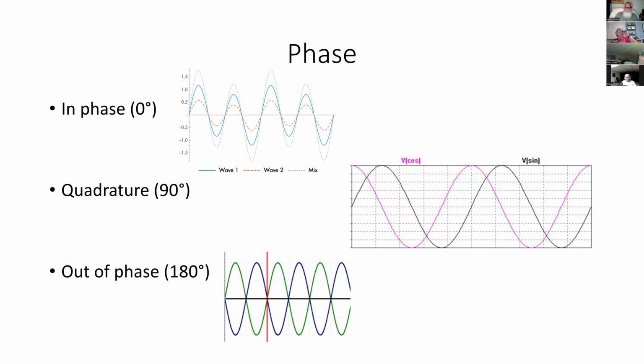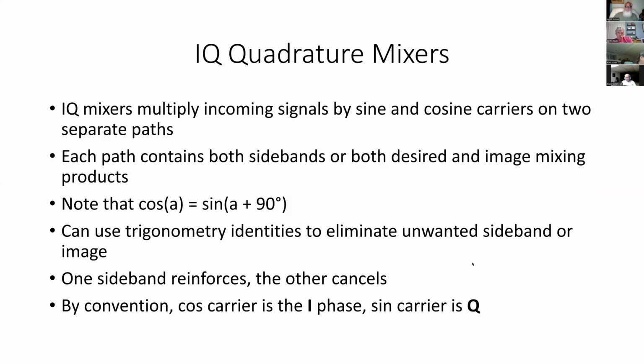Now, it turns out that the cosine function shifted by 90 degrees is the sine function. And this is important. And this is another sort of trigonometry math trick that gets used because when you deal with quadrature mixers, also called IQ mixers, you multiply. I'm not sure I said before, mixers are multipliers.